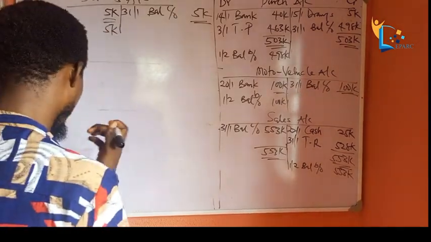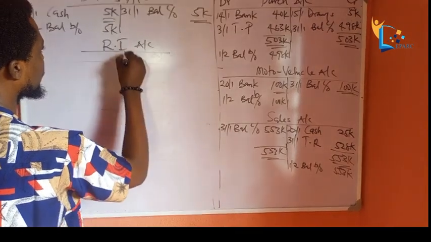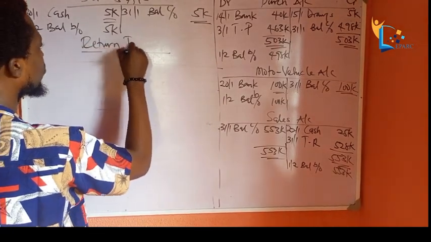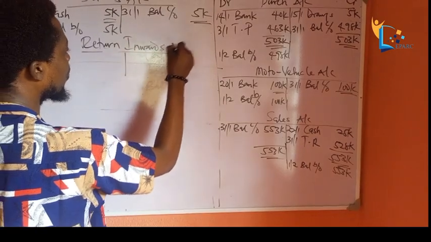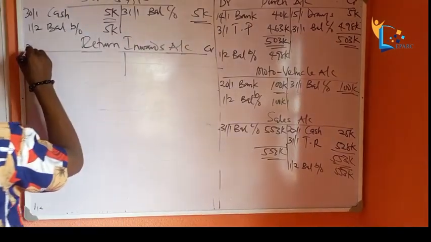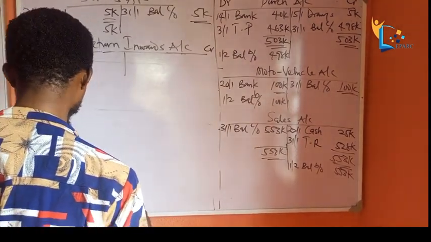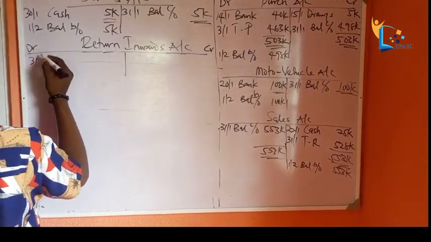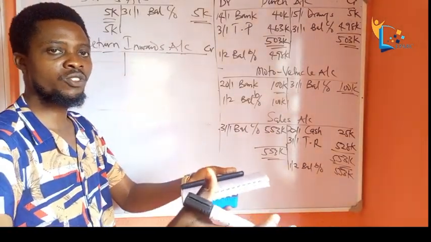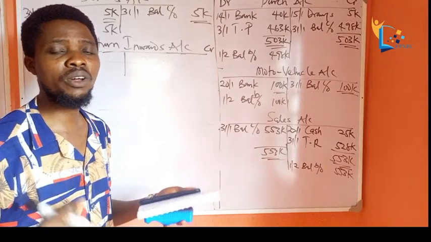All right? Then the next is return inwards account. Let me write this in full. Return inwards account. This is credit, this is debit side. Now, this return inwards account, we are moving the total from the return inwards book. Remember, I told you return inwards book is not same as return inwards account.